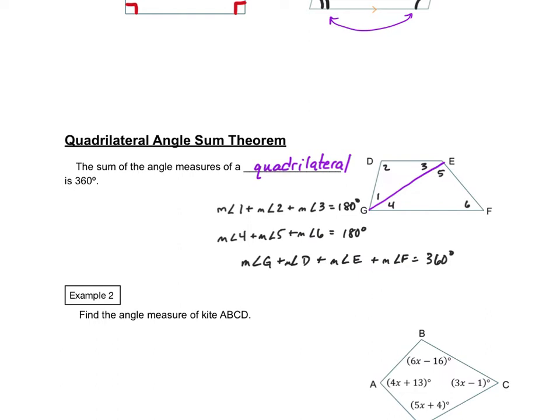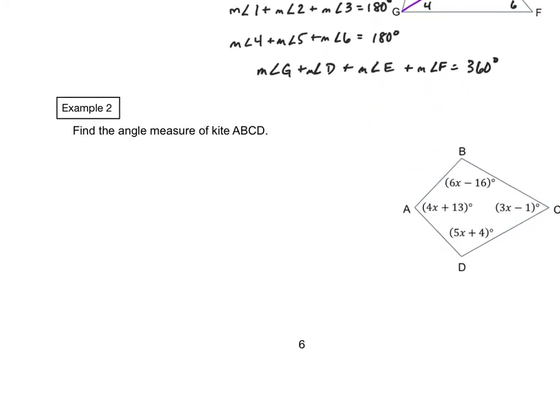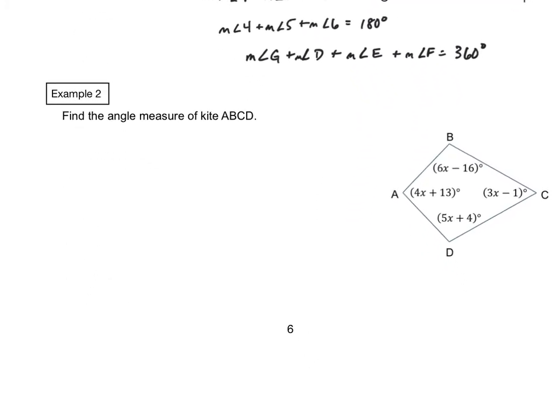And let's see here. Let's try to do this. If we know that the sum of the angles of a quadrilateral is going to equal 360 degrees, we want to find the angle measures for this kite.